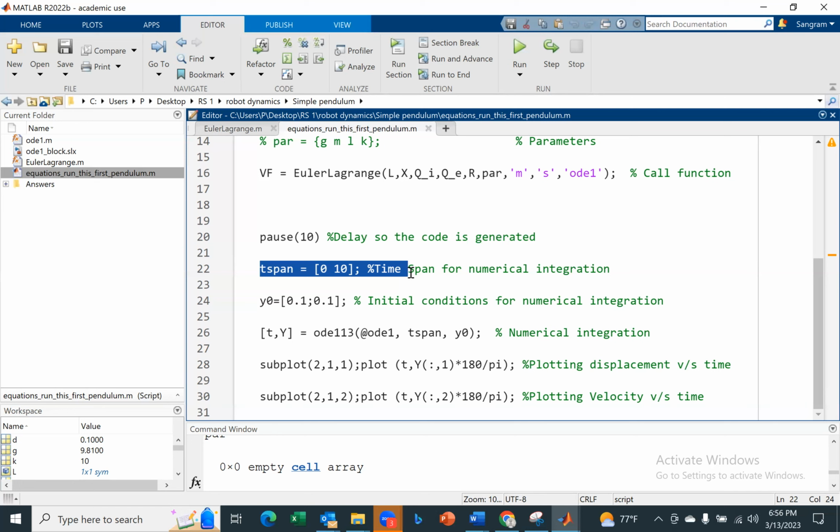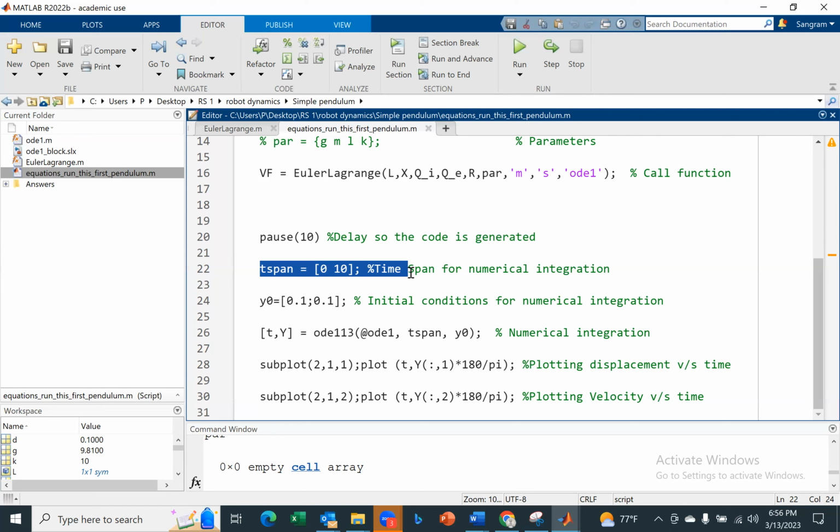Then I will perform the numerical integration, t comma y, ODE113, name of the function, t span, and all the initial conditions. Everyone understood this? And then same thing. How many states do I have? I have 2 states. What are these states? The states are angular displacement, angular velocity. So I'm going to plot angular displacement versus time, angular velocity versus time.